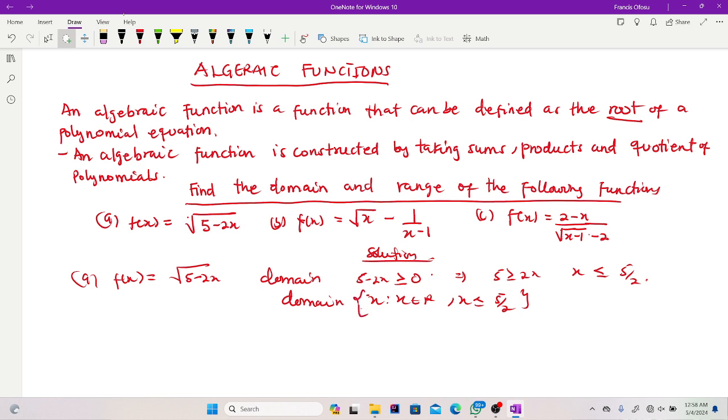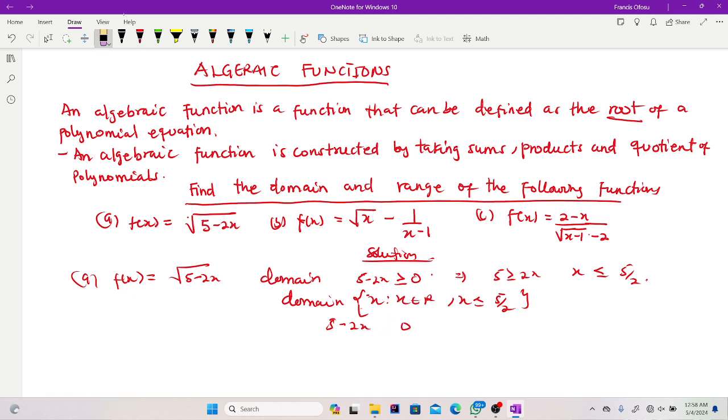Now, you can also find the domain the other way around. This is the stage where we just wanted to see the values of x that will make it valid. You can also say that 5 minus 2x should be less than 0. Sorry, should be less than 0 instead.